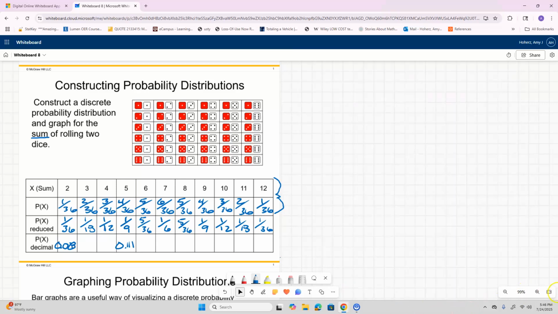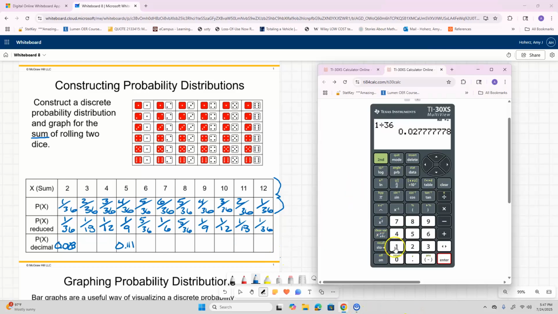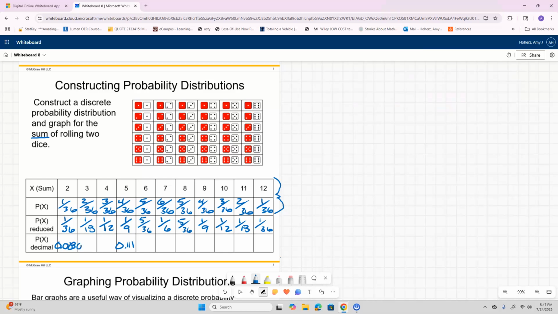1/18 is divided by 18 would be 0.555, so 0.56, 0.056.